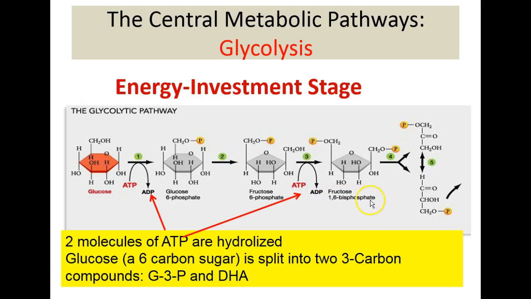Fructose 1,6-biphosphate will be split into two 3-carbon compounds. Notice that the two 3-carbon compounds are not identical. One is called G3P or glyceraldehyde 3-phosphate. The other one is DHA or dihydroxyacetone. Notice that each, however, will have a phosphate group attached to it.